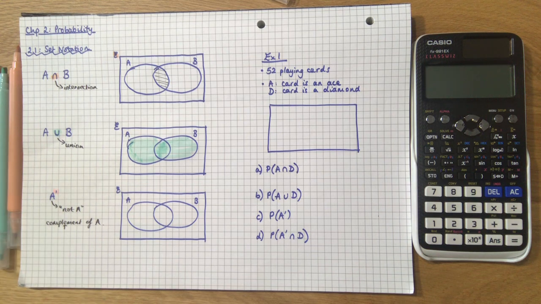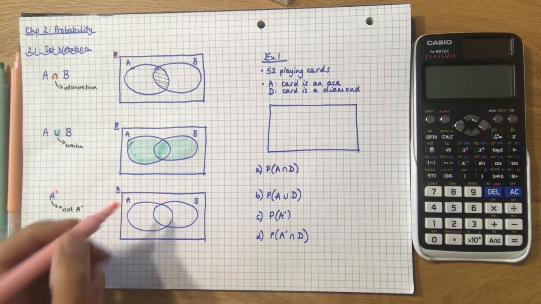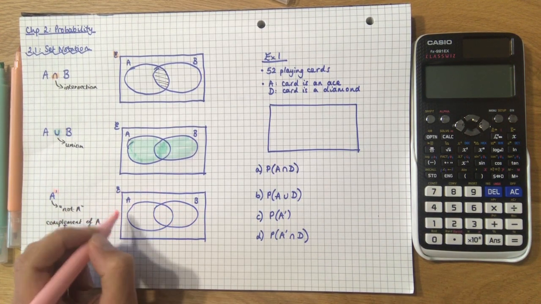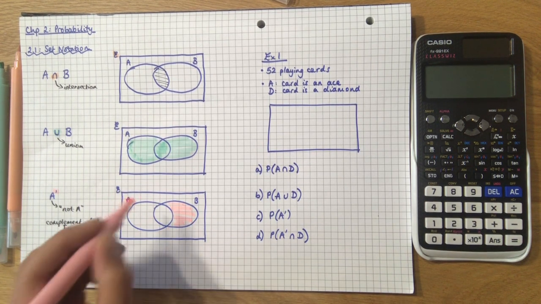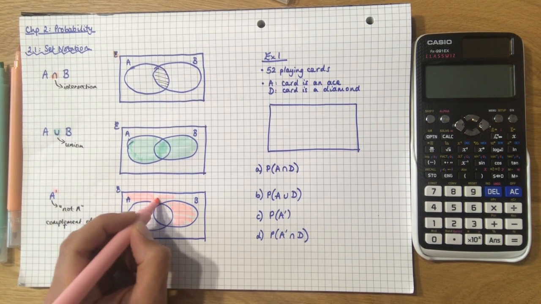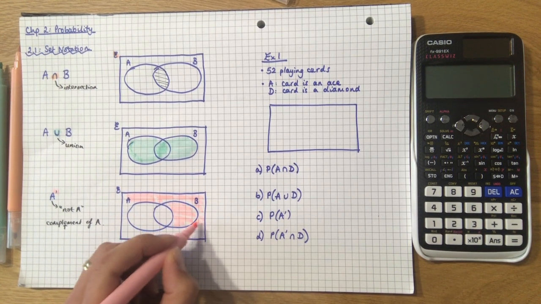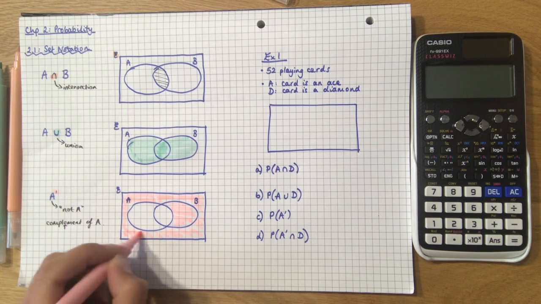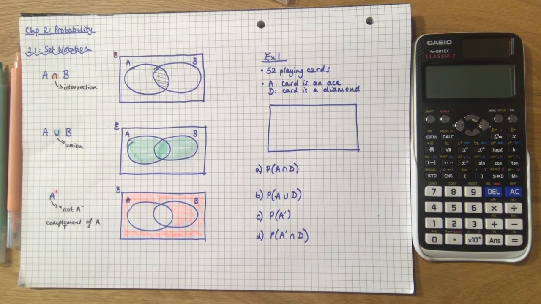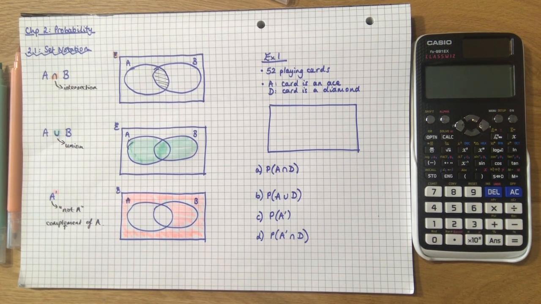And not A is everything that is outside of A. So in this case, on a Venn diagram, it's everything that's outside of the A circle. So that's this bit here, but also everything that's outside of B as well, because all of that's outside of A. So that bit represents the complement of A, not A.